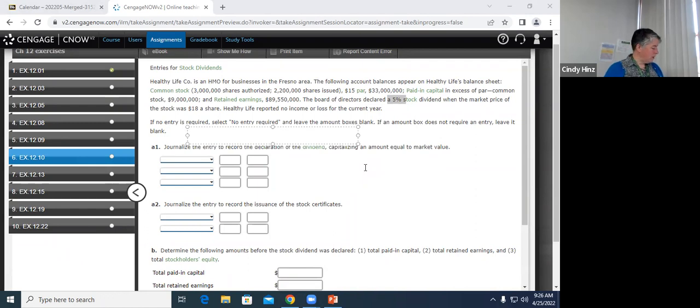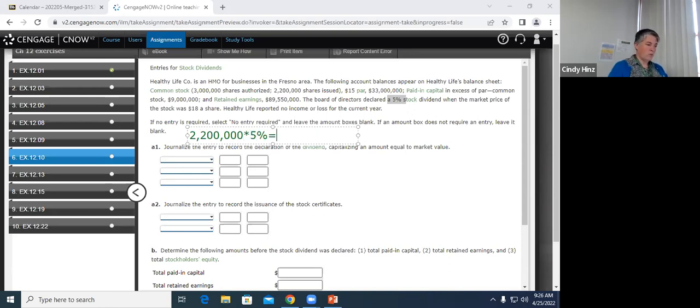We'll be talking about the difference between issued and outstanding in a couple exercises from now. So for now, we're making the assumption that all of these 2.2 million shares are still outstanding.